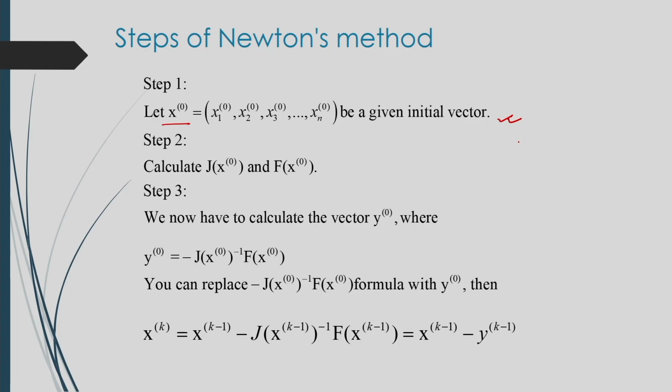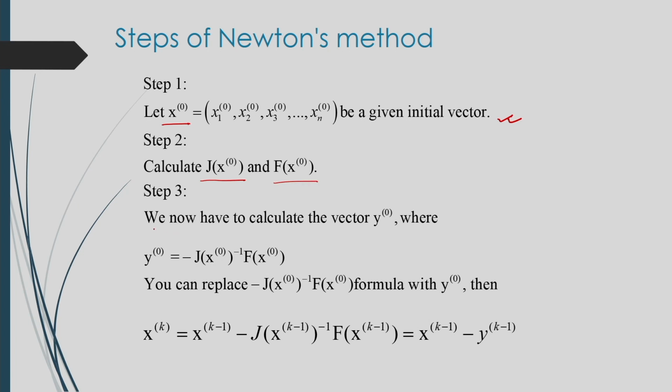And in the next step, you have to calculate the Jacobian matrix at that x0, that is the initial guess, and also f(x).